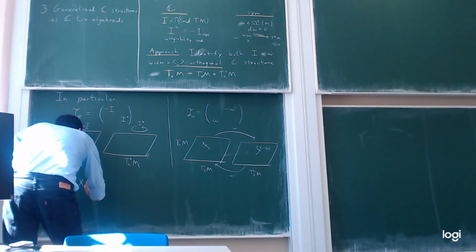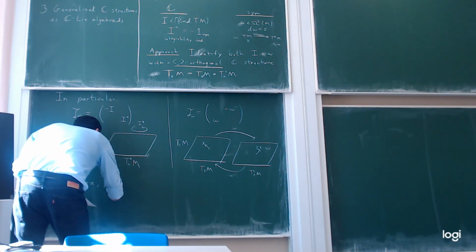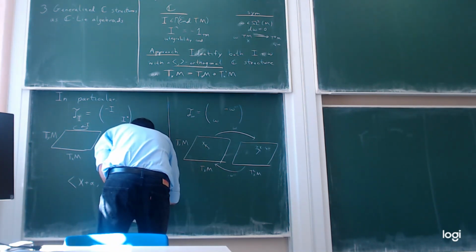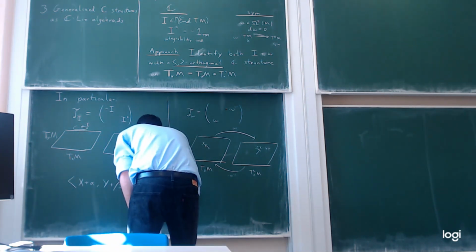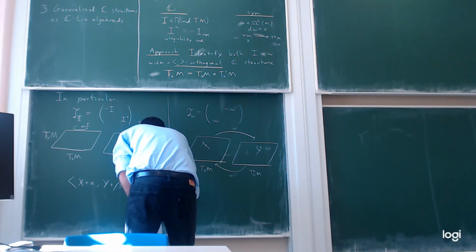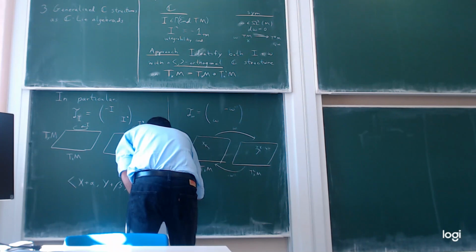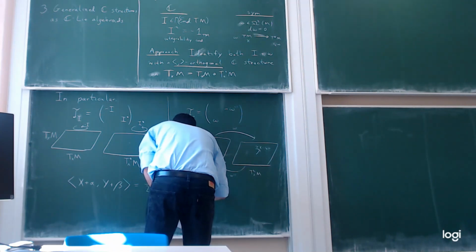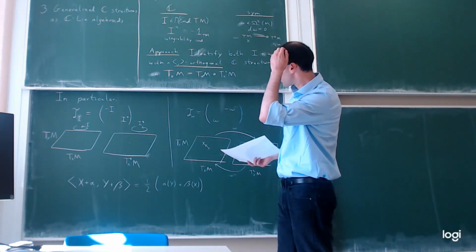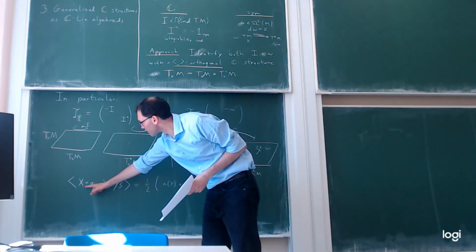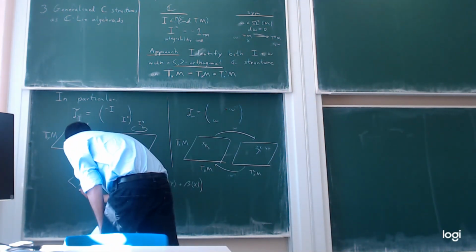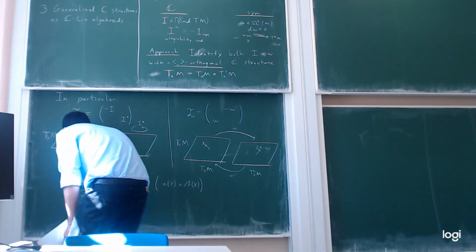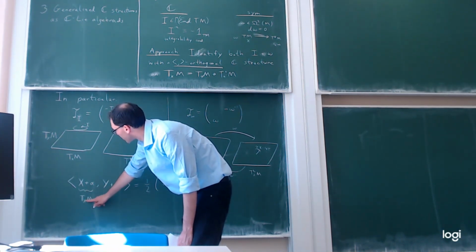X plus alpha paired with Y plus beta is equal to 1/2 of alpha evaluated at Y plus beta evaluated at X. These are elements of the extended tangent fiber at x.